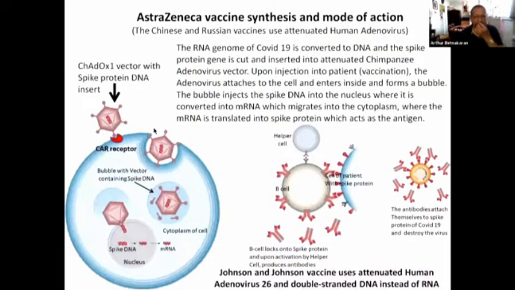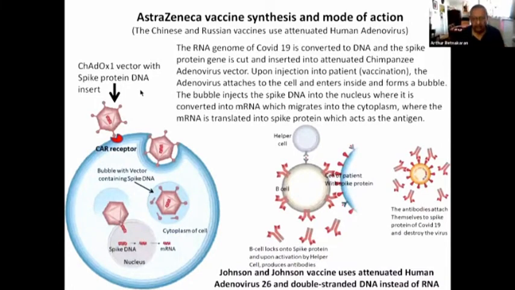The AstraZeneca vaccine uses a vector. This is the Oxford vector. They use a chimpanzee adenovirus vector. This is an inactivated vector. All the disease-producing part has been removed, and the only thing it has is that it carries itself into the cell. That is why you call it a vector. They put the spike protein DNA into this insert.